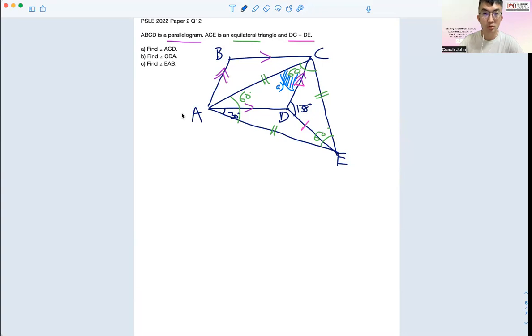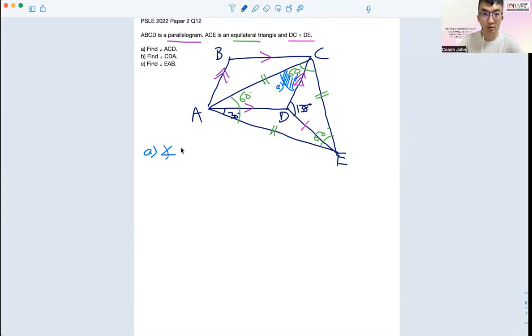All right, so let's do part A. For the fact that we are looking at this region, we can safely use the property of an equilateral triangle and know that this whole angle is 60 degrees, as we have indicated here.